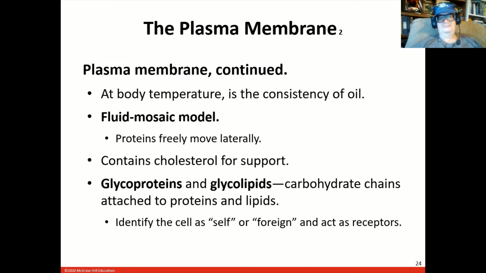But that detail doesn't matter for you guys for this class. We're not talking about weird animals in the deep sea. Anyway, a fluid mosaic model. What that means is that the unanchored proteins can move around in that membrane. And sometimes you'll get a group of them that move together in like a little raft made out of cholesterol.